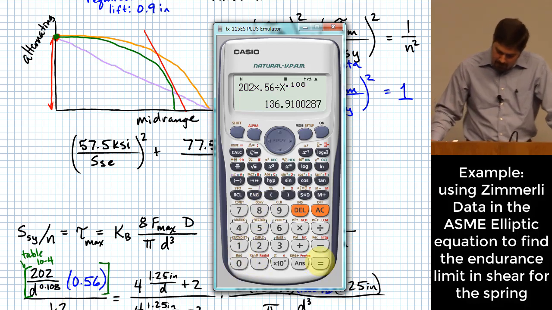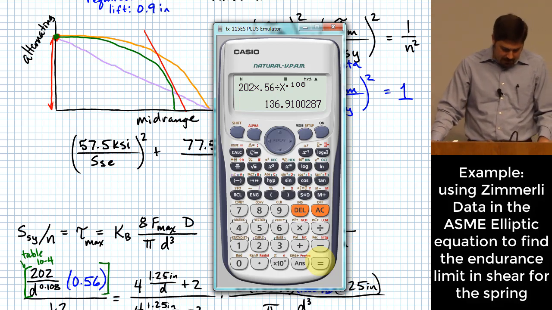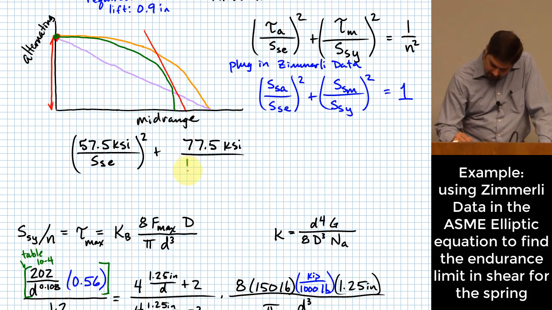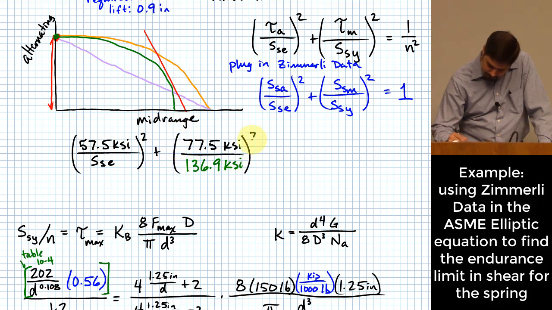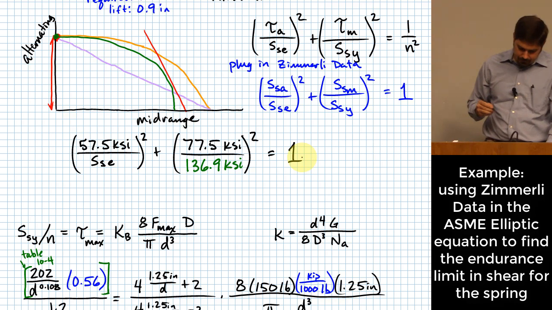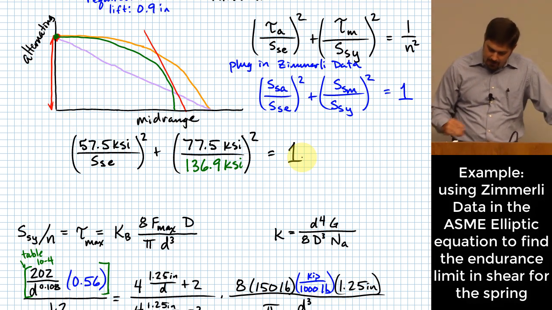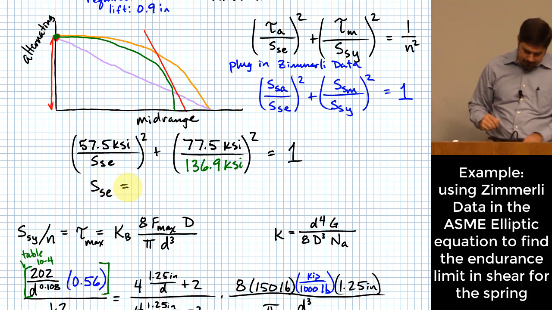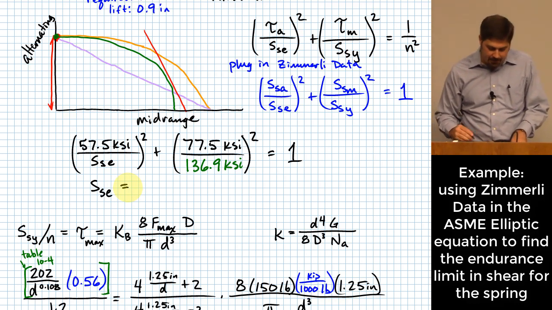That's better. So that gives me 136.9 KSI. Okay, and if we punch this in, we end up getting an endurance limit in shear of 69.75 KSI.